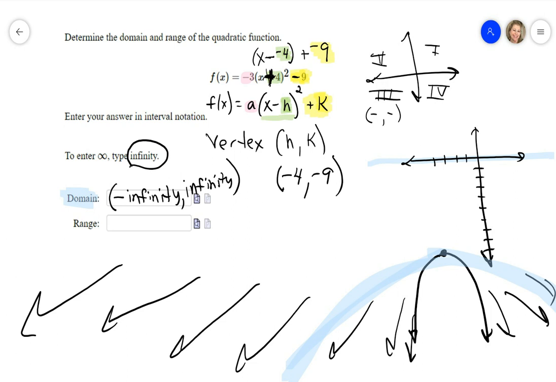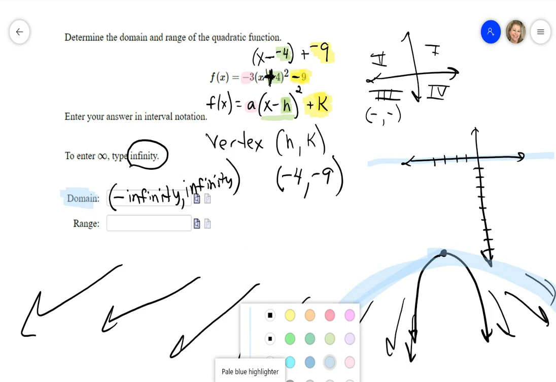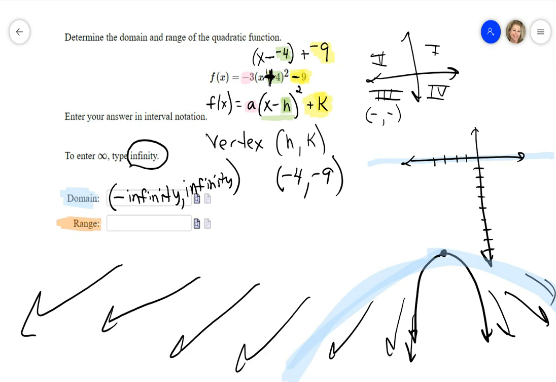Now, the range is a little different. For the range, let's pick another color, how about a bright orange color? All right, the range is how this thing stretches vertically, not horizontally. Horizontally is the domain. This graph doesn't go any higher than right here, but it does go down, and those arrows mean it keeps going.